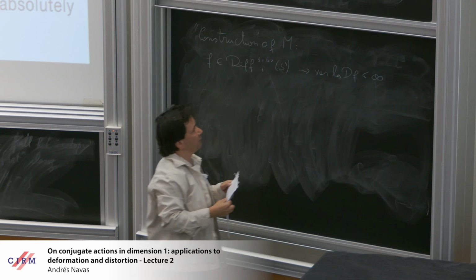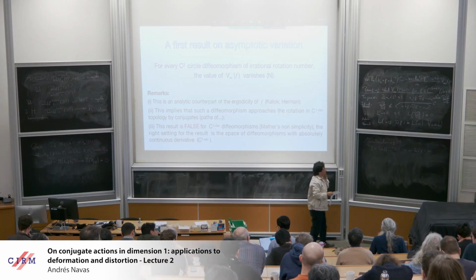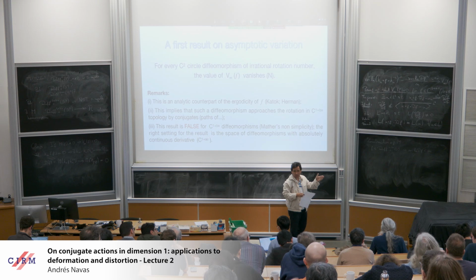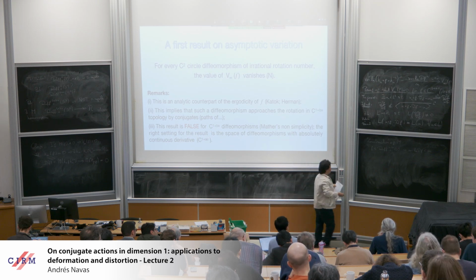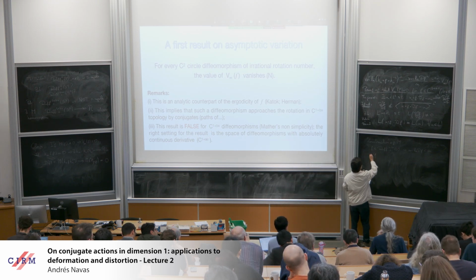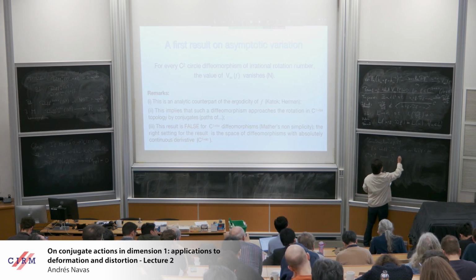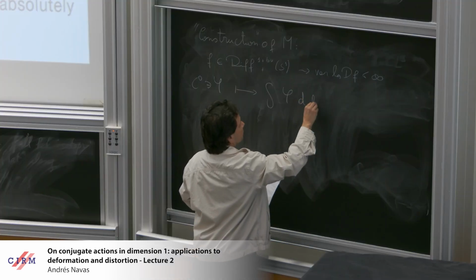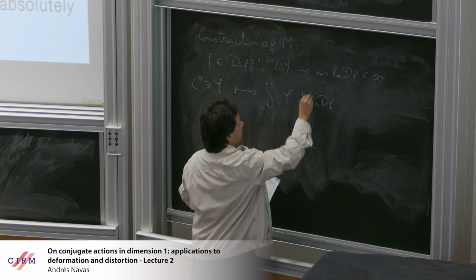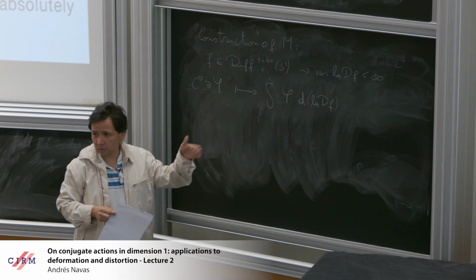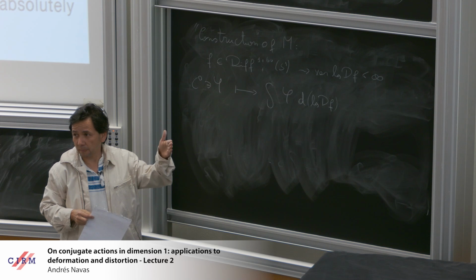So since you have a function with finite variation, you can consider the Riemann-Stieltjes integral with respect to this. So for a given continuous function, you can consider the integral of this with respect to this in the Riemann-Stieltjes sense, which is a linear functional, so it is the integral with respect to a measure.